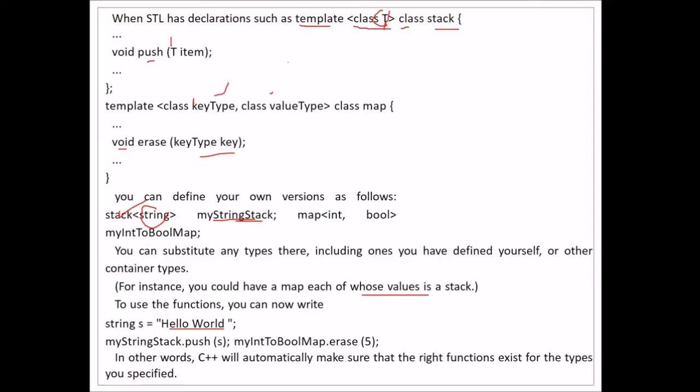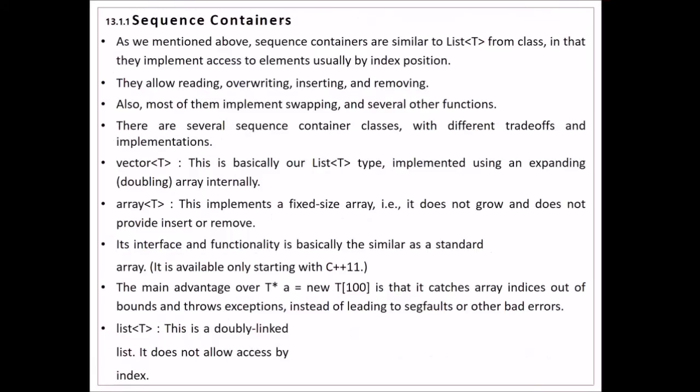And what you are doing is you are trying to push this hello world, that is a string. You can push a string. Also, because you have this map, you can erase some value. So in other words, C++ will automatically make sure that the right functions exist for the types you have specified.